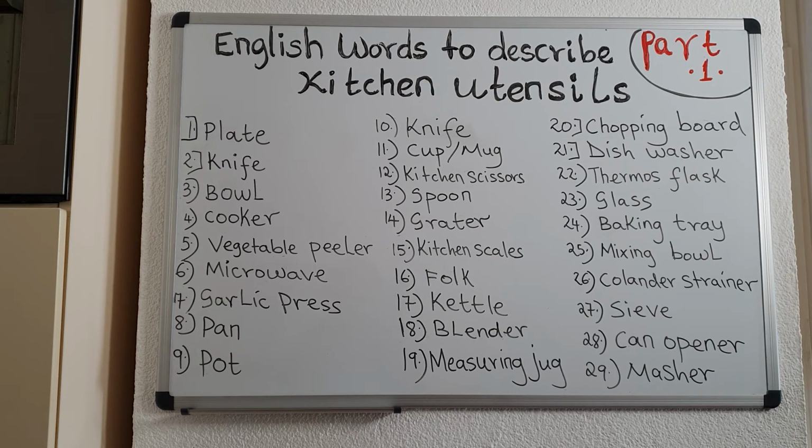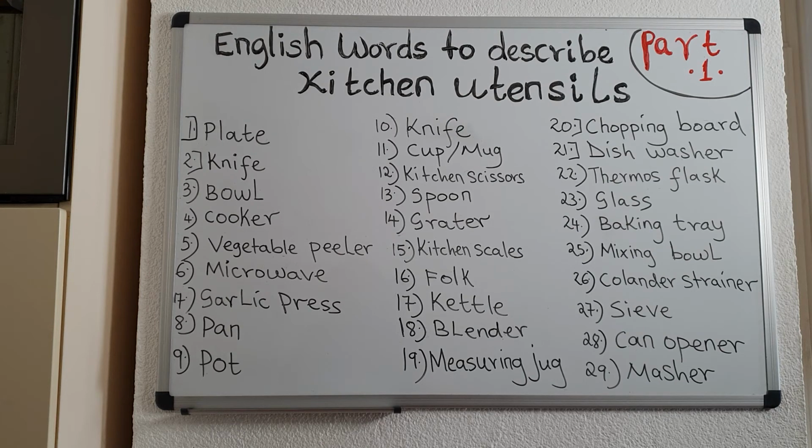Now, to measure how much milk you need, you put the milk in a measuring jug. And the measuring jug has different measurements: 500 milliliters, 1 liter, and so on.